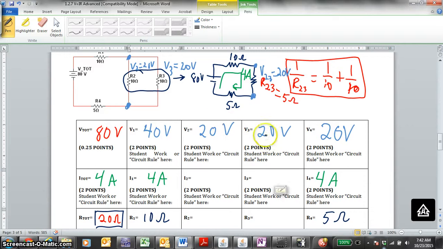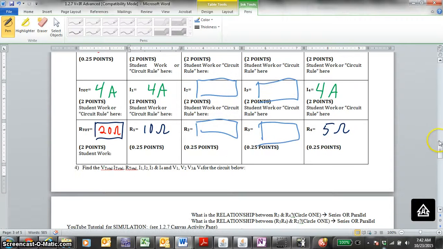And hopefully you can calculate I2, I3. You should also probably fill in these over here. So, that is the quick tutorial on the third resistor problem. Hopefully the page moves with it.